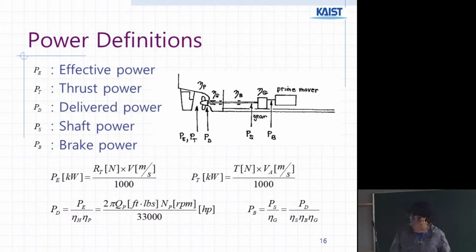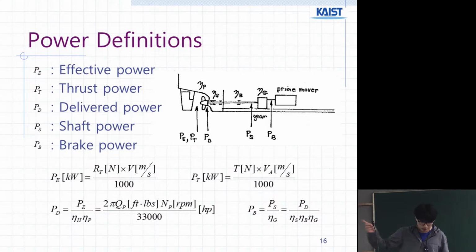At first, effective power is total resistance multiplied by speed. Each power is related to an individual efficiency, like this. More detailed efficiency is on the next slide.